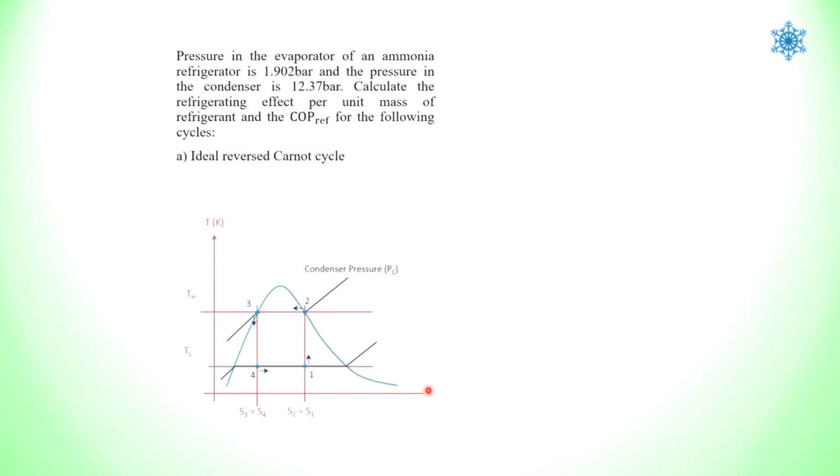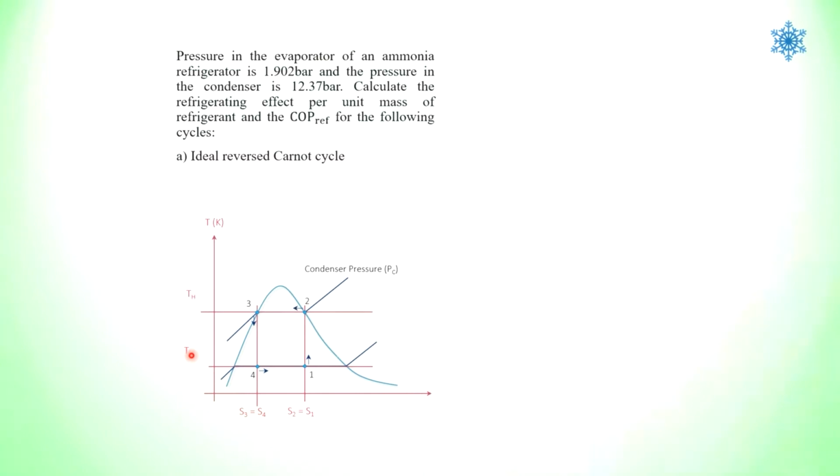So this is your reverse Carnot cycle on the TS diagram. You have the condenser pressure, that is the higher pressure, and the lower pressure here will be the evaporator pressure of 1.902 bar. And this pressure here would be 12.37 bar, with respect to the temperatures TH and TL.